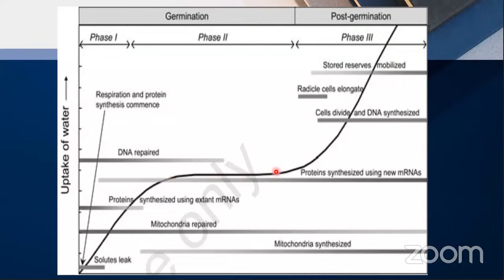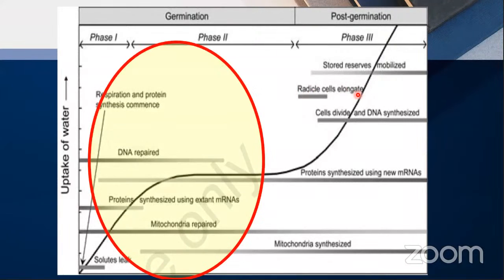There is a stagnancy in phase 2, the water imbibition plateau. And once again in phase 3, there is rapid increase in water imbibition. But this phase 3 is after the radical cells elongate, that is, the radical has come out of the seed. So in priming, what we are interested in is phase 1 and phase 2 of germination.